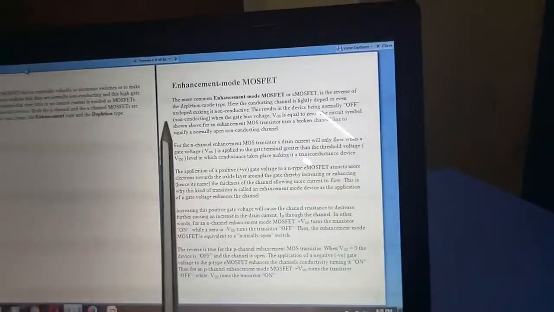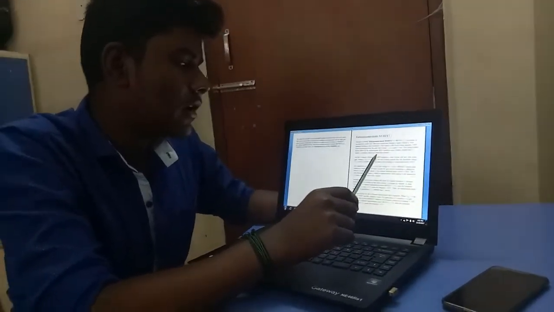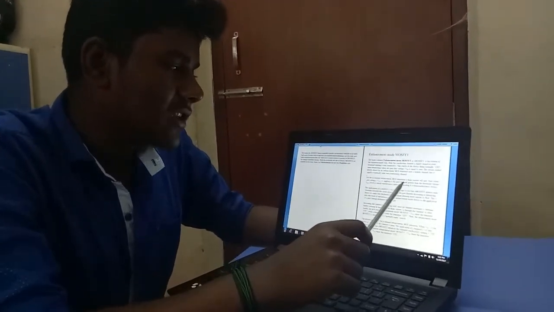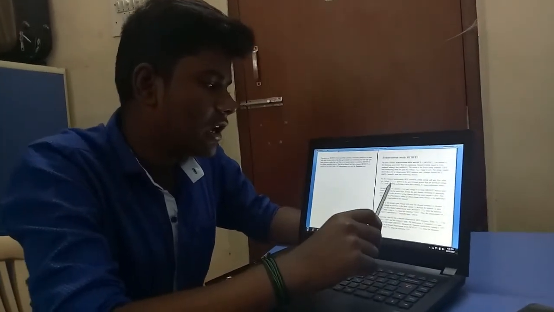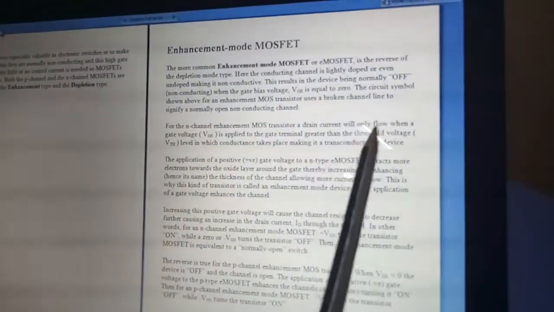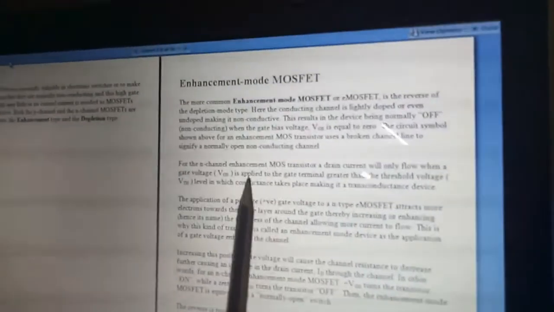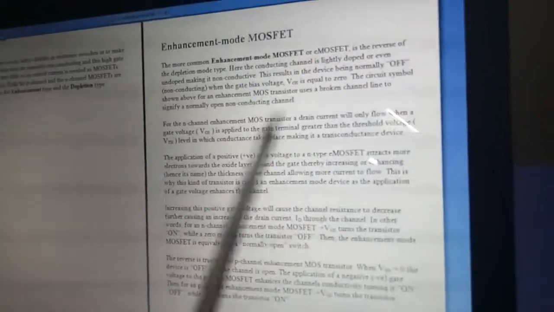The circuit symbol shown above for the enhancement MOS transistor uses a broken channel line to signify a normally open, non-conducting channel. For the N-channel enhancement MOS transistor, a drain current will only flow when a gate voltage VGS is applied to the gate terminal greater than the threshold voltage level at which conduction takes place, making it a transconductance device.